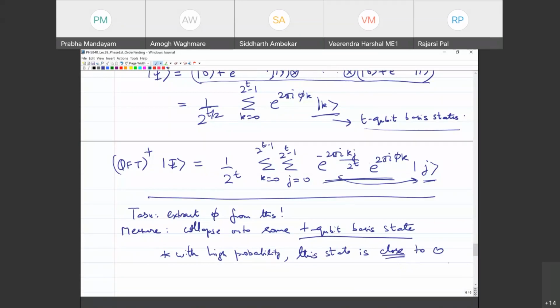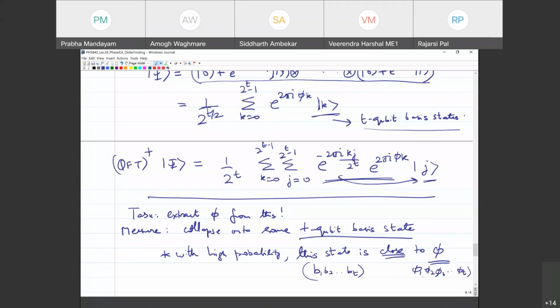It gives you a bit string. Let me say the post measurement state is something like B1, B2, etc., BT, that it will be close to this T bit string that you want, right?